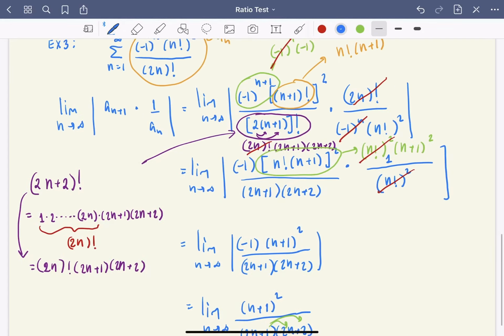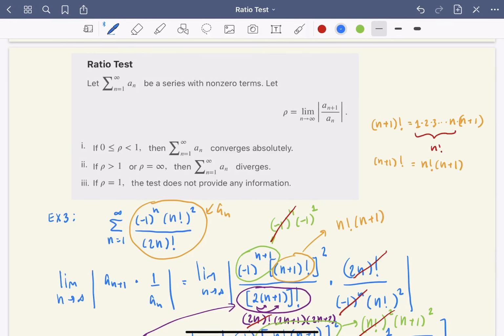So by the ratio test, if the ratio is less than 1, then this infinite series converges absolutely. That's why the answer for this problem is this one converges absolutely.